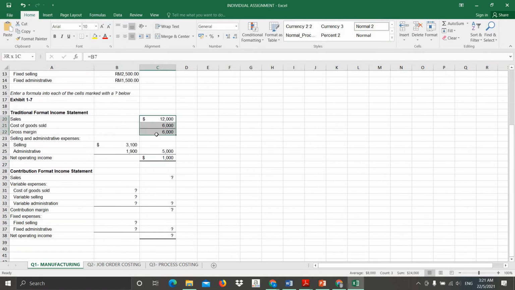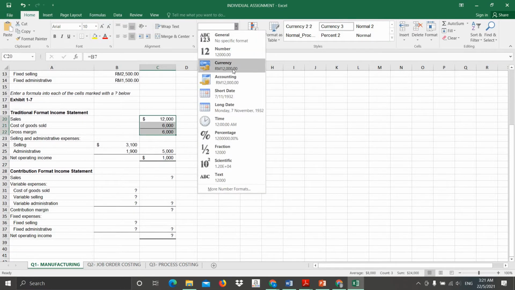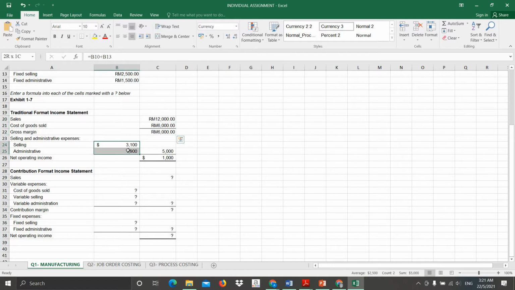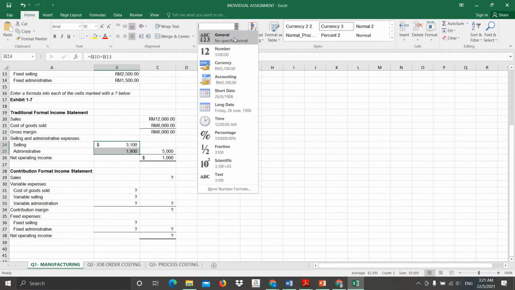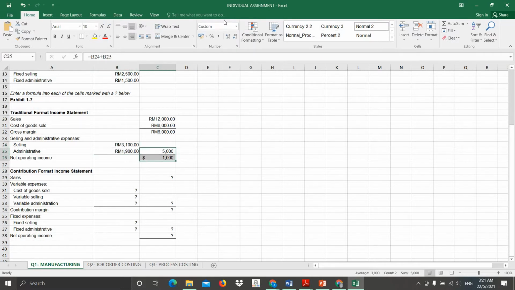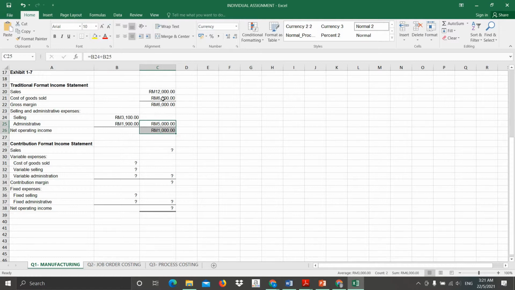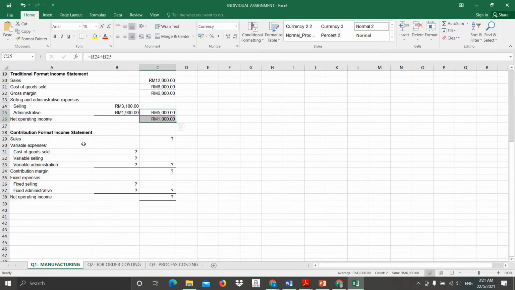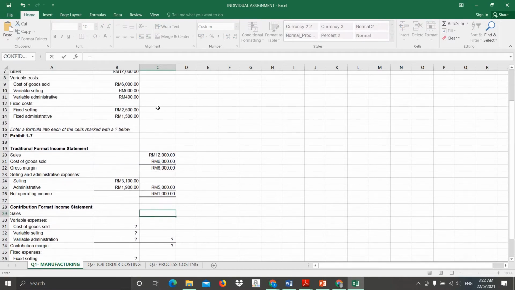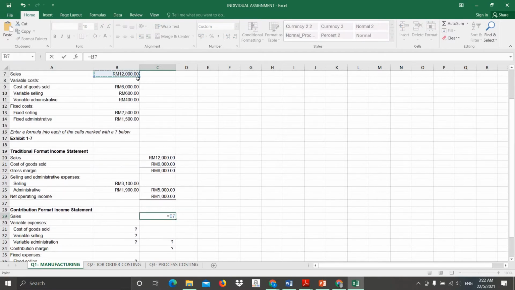Then we need to change the currency to Ringgit Malaysia. So for this format, we just need to fill in the information, same as above.